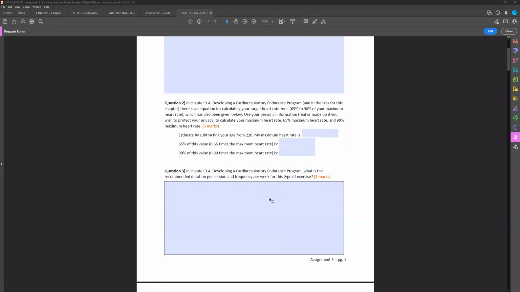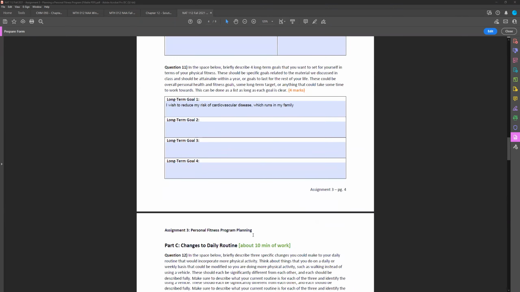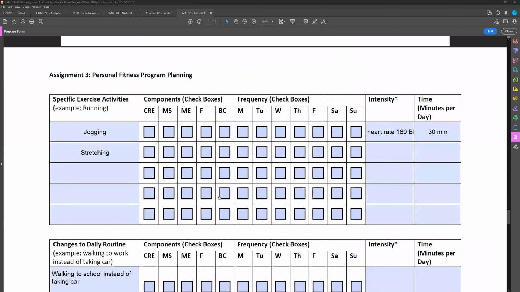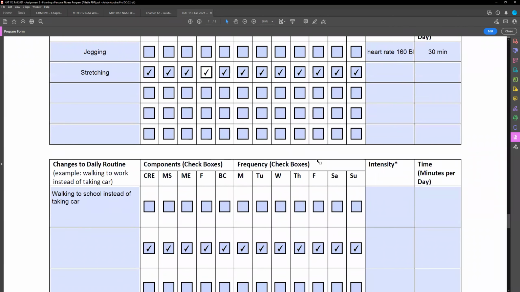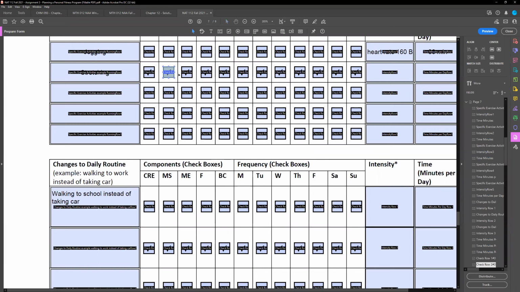As you see right now, it's done, but the problem is there's a little formatting problems here and there, such as these annoying checkboxes. If I wanted to say that stretching does my flexibility, it marks all of those boxes and all of these boxes here. So the fix for me is going through every single one of these boxes, which needs to have a unique name.